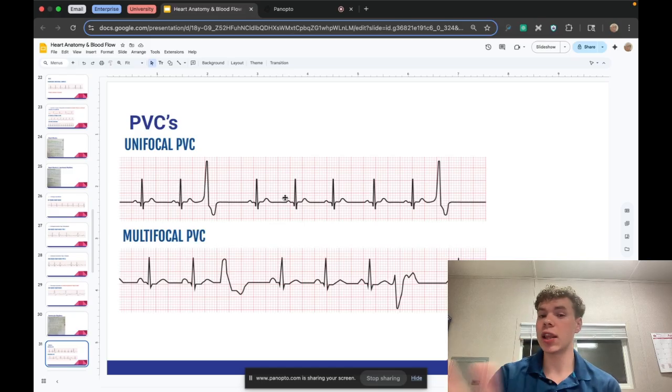Because the monitor can lie to you. The monitor can tell you there's a beat, but if you feel for a pulse and there isn't one, then they're not perfusing, right? So that's a PVC, this kind of weird lumpy mountain thing that just comes out of nowhere, right?